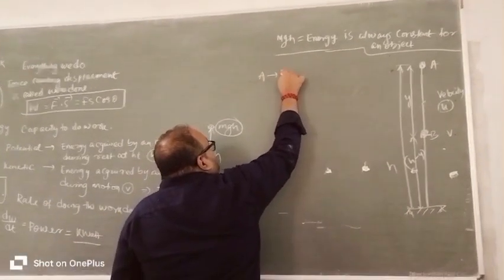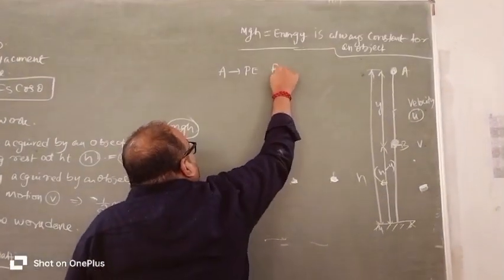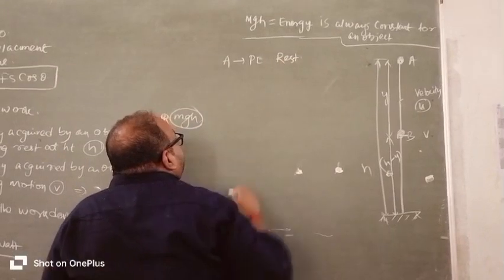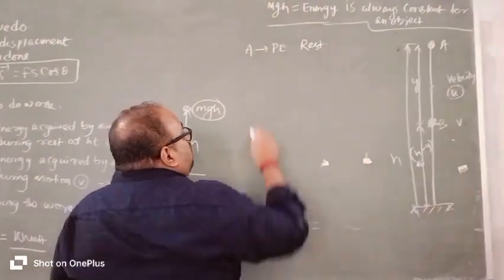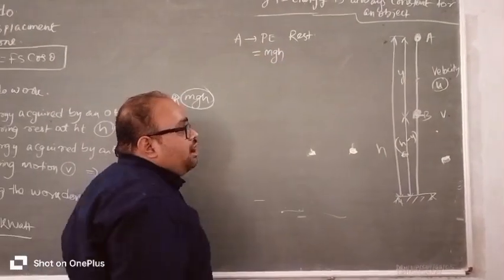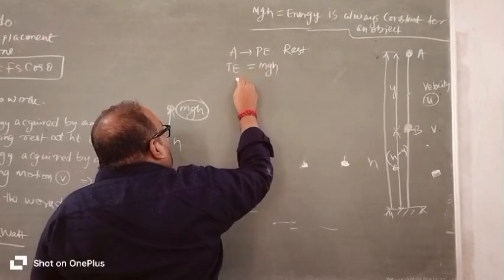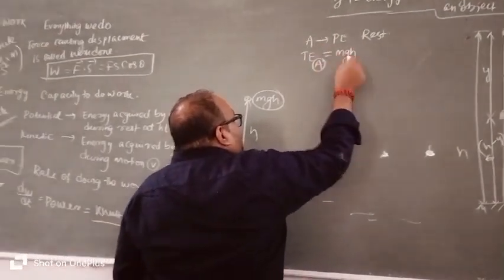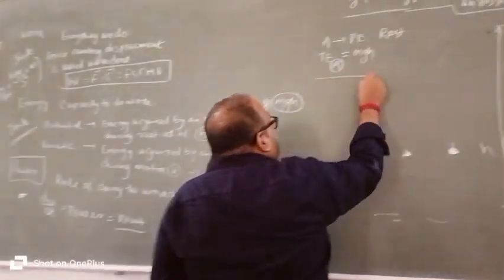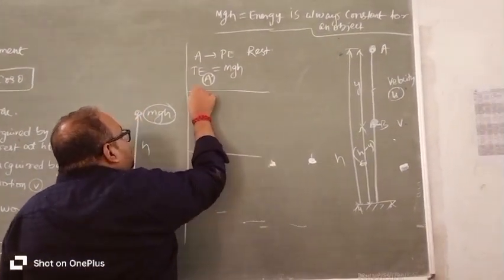The energy acquired at A will be simply potential energy, because this is the rest position. We know potential energy is nothing but mg multiplied by the height h. So at point A the total energy will be mgh.